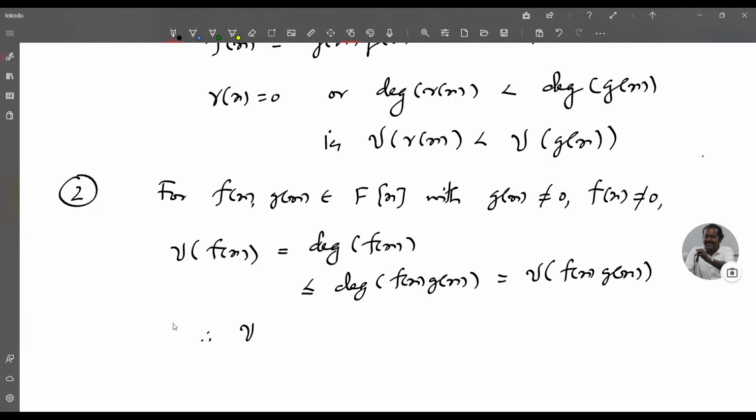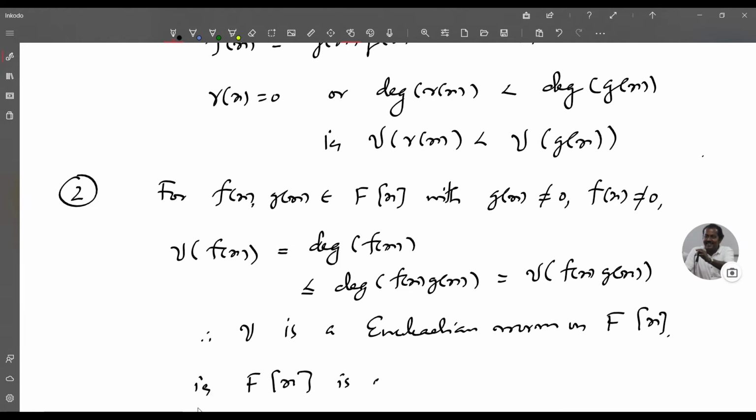Therefore, nu is a Euclidean norm on F of X, that is, F of X is a Euclidean domain.